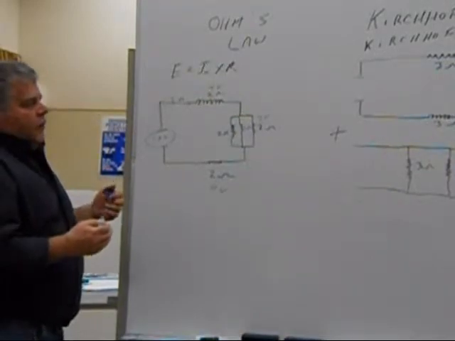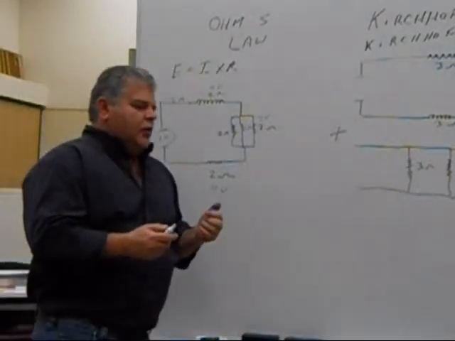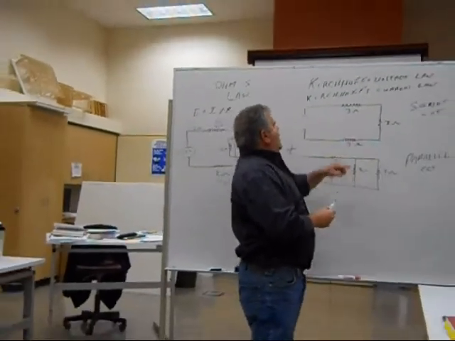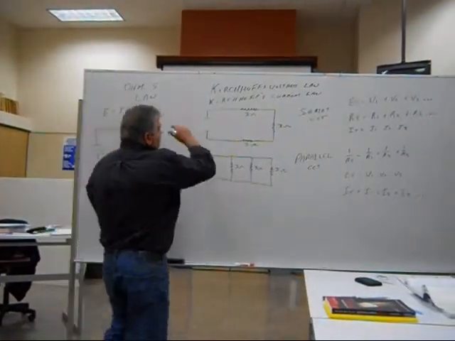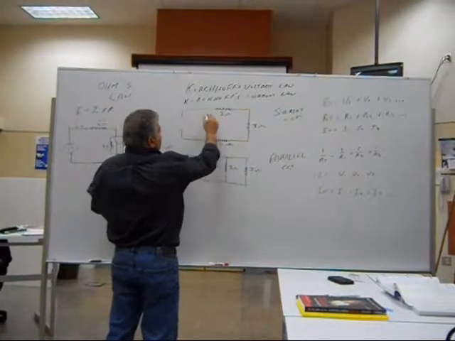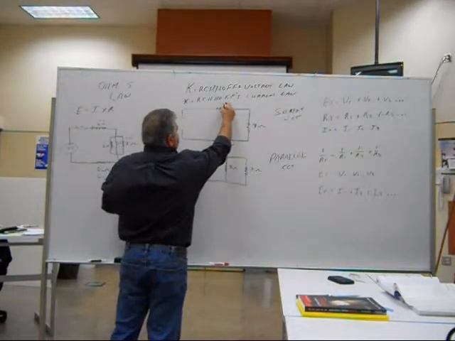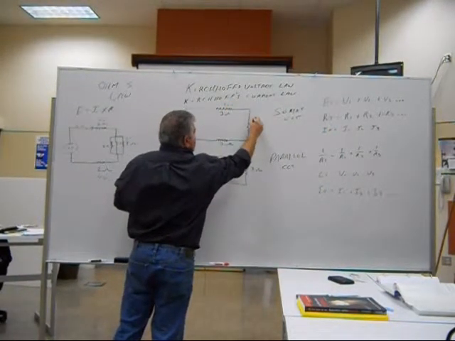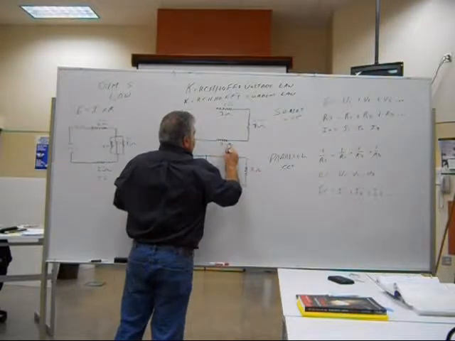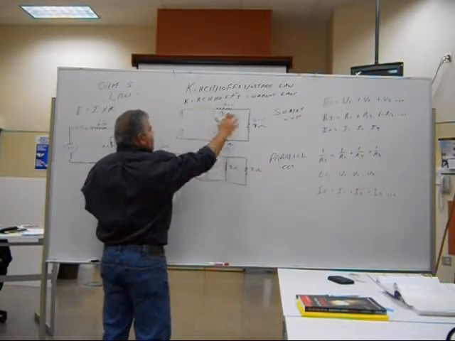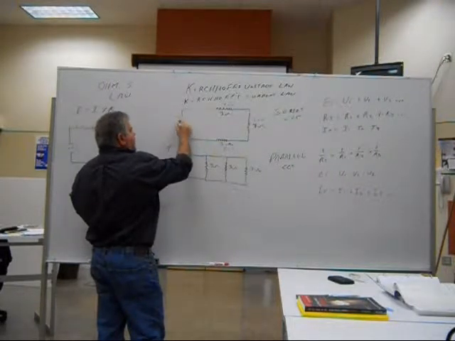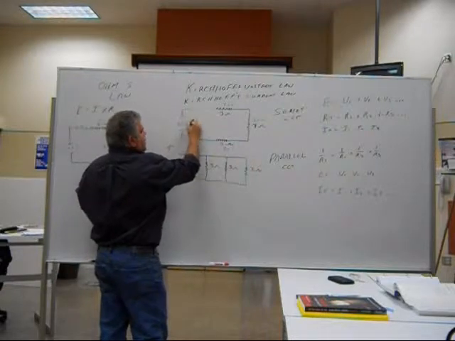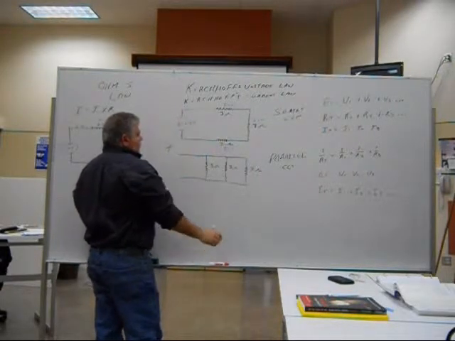Now, we follow two laws by this, Kirchhoff's voltage law and Kirchhoff's current law. The total voltage, according to Kirchhoff, is the sum: if we had 20 volts here, 20 volts here, and 20 volts here, the sum of those voltage drops will be the total of the circuit, so ET in this example would be 60 volts.